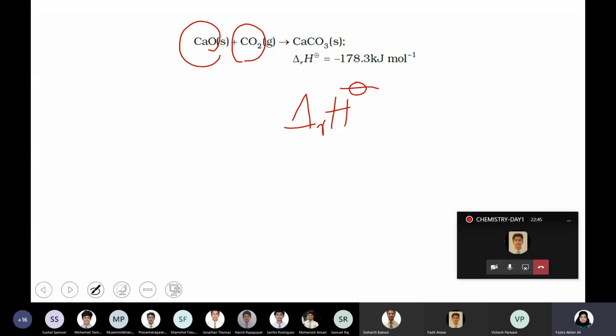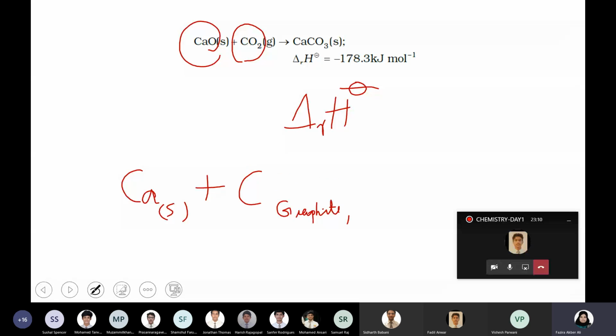So how can you write the enthalpy of formation for calcium carbonate? Calcium, in its normal solid state, plus carbon, you have to write graphite. Graphite is a reactive form of carbon. Diamond is a non-reactive form.